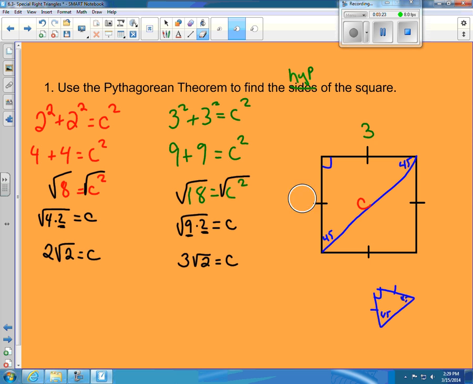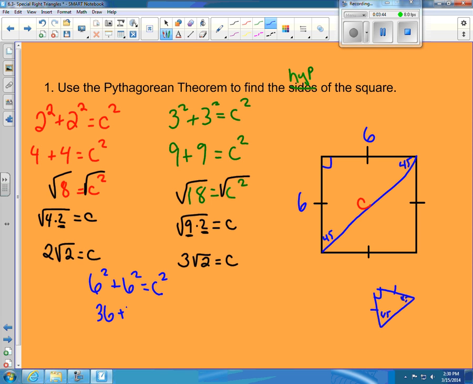All right, I'm doing this again, but I'm going to change the side length because I want you guys to be looking for a pattern. Let's change it to 6. All right, so we have our two sides. 6 squared plus 6 squared equals our hypotenuse squared. 6 squared is 36 plus another 36 equals c squared.